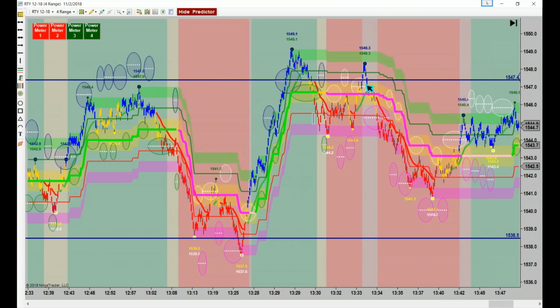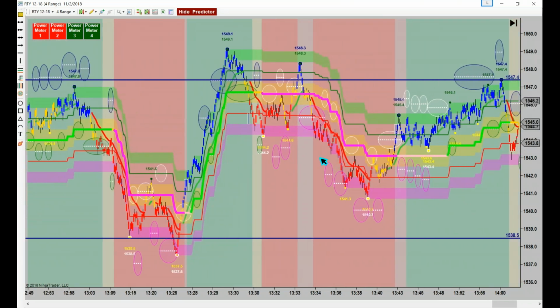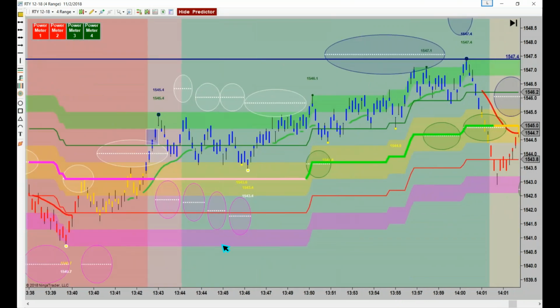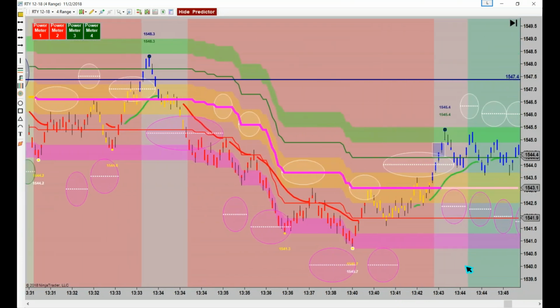But, for instance, is this a true legitimate phantom? And the answer is yes. See, midband turned magenta, phantom. Midband turned ratcheted down, phantom. Now, where would you take this trade if you're an aggressive trader?